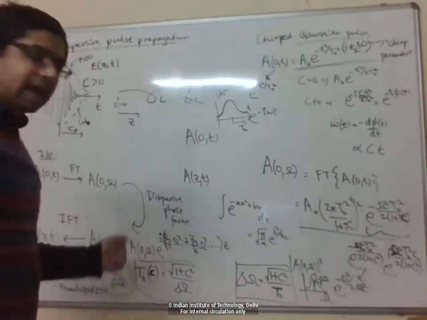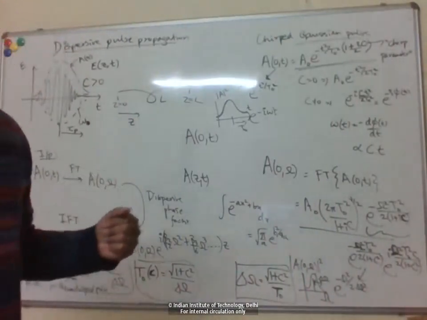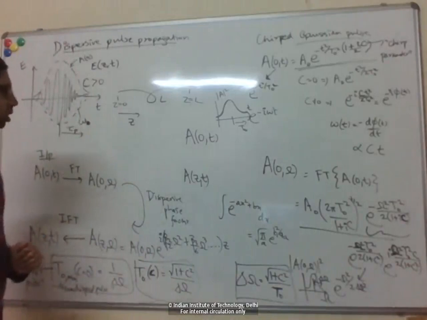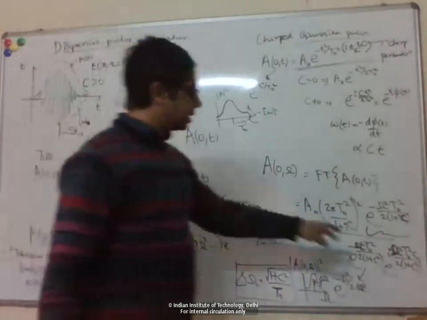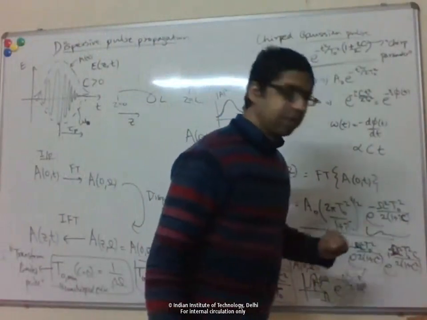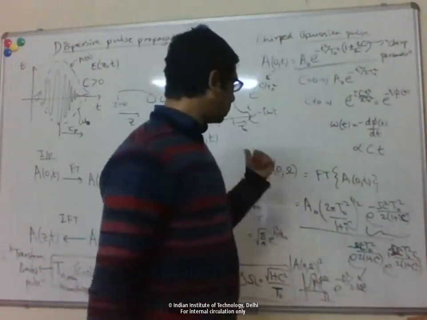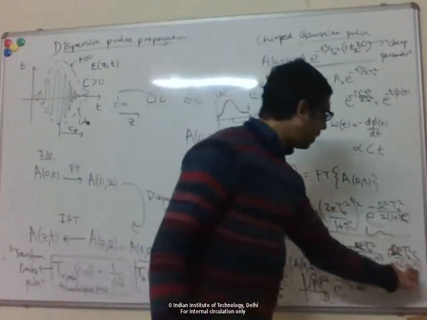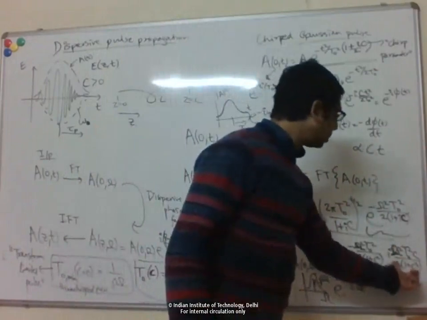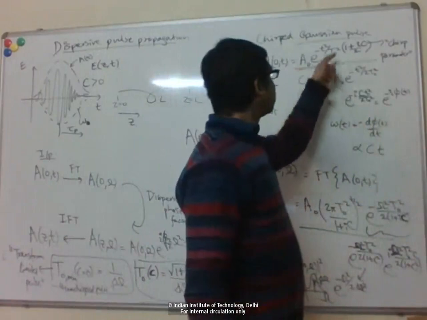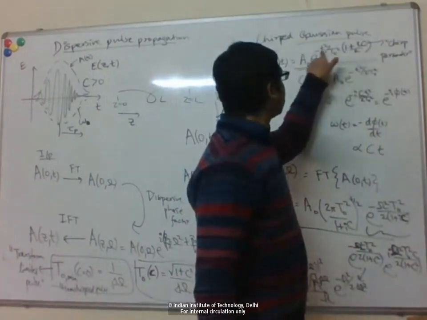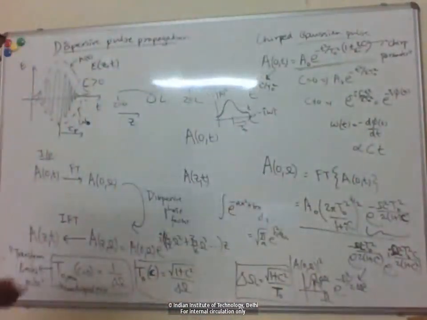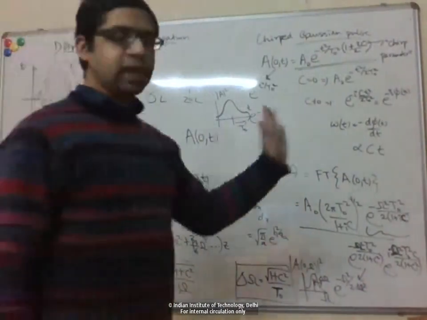Okay, so now you can see where this dispersive broadening is coming from. If I launch an unchirped pulse at the input, what dispersion is doing is adding this frequency dependent phase. The beta 2 term, as we saw, adds a phase which is proportional to omega square, and once you have that, that's basically like a chirp. So when I go back to my time domain, there's again a time dependent quadratic phase because of dispersion. And we already saw that the spectral content does not change.